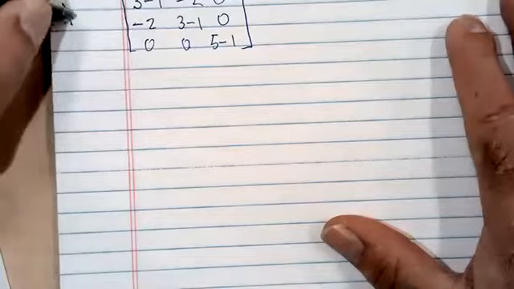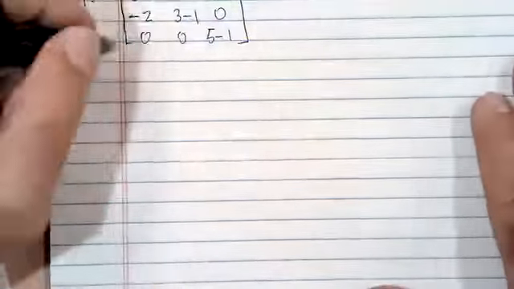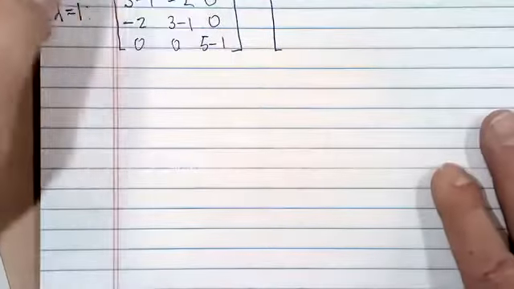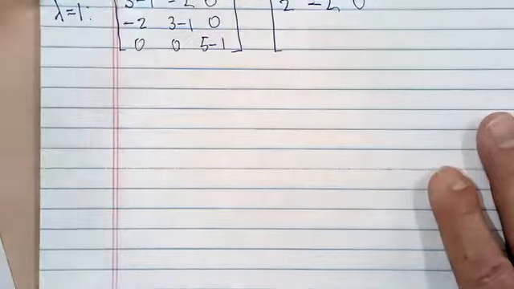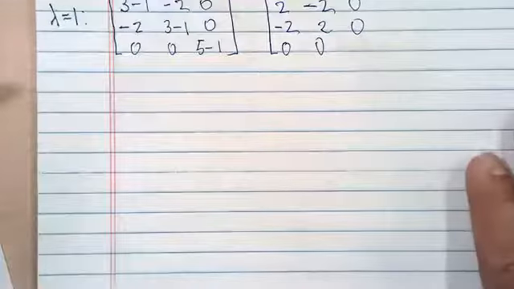So we're now computing for lambda equals 1. So that matrix, I don't want to say equals because then I don't want to multiply it on the right. So 3 minus 1 is 2, minus 2, 0, minus 2, 2, 0, 0, 0, 4.